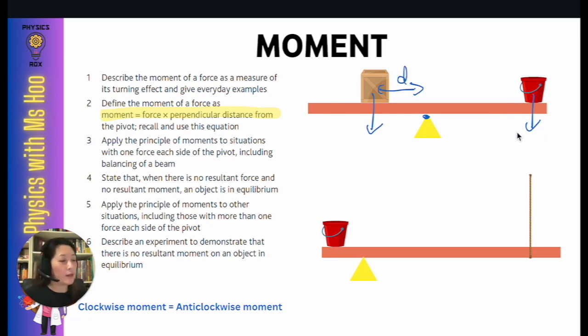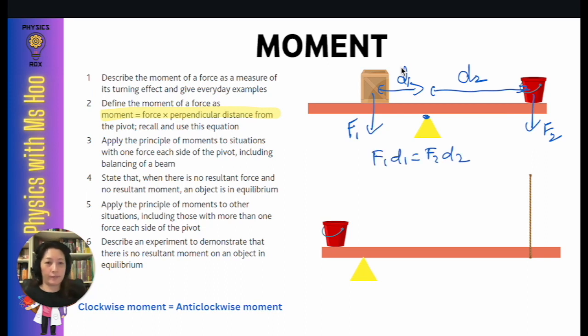So here you'd calculate the force times its distance. So I'm going to label this F1 and D1. And for the bucket, if this is D2 and F2, F1 D1 must be equal to F2 D2. Now this would only work if the pivot was directly at the center of this uniform beam, because the beam also has weight.